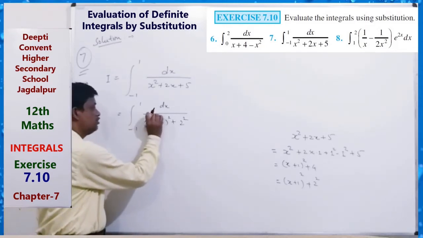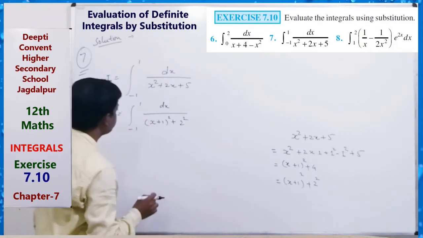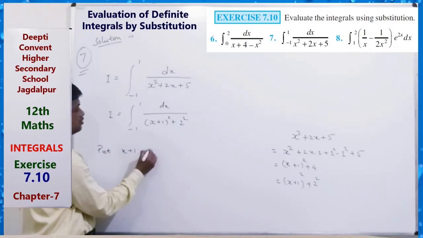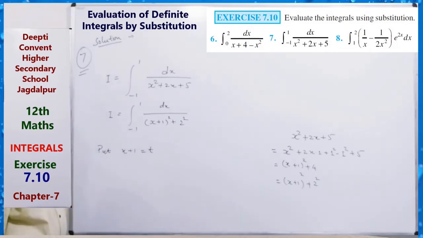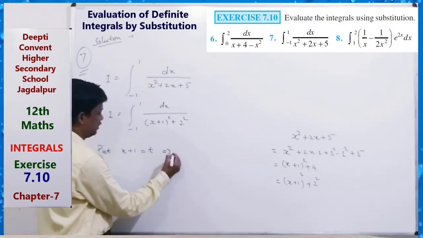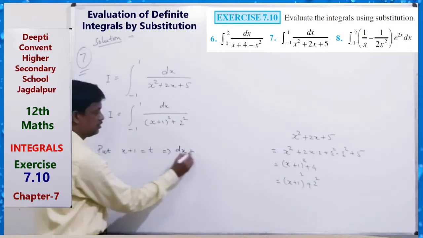Now we will substitute. Put x plus 1 equals to t. Then we get dx equals to dt.